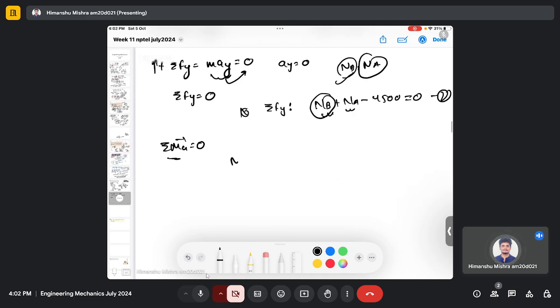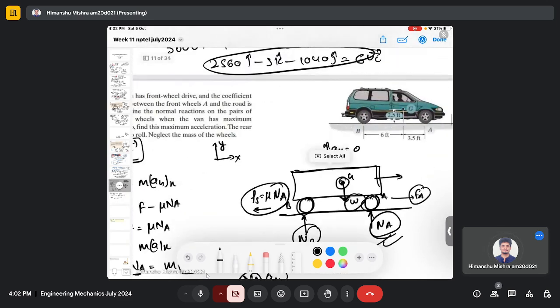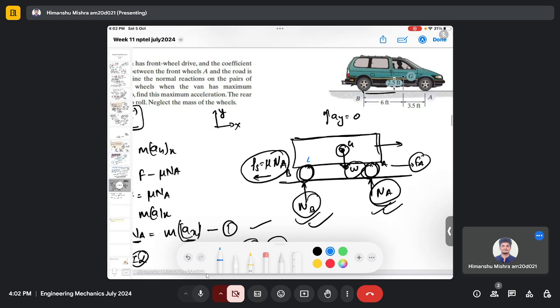So it will be Na times 3.5 plus 0.8 Na times 2.5. So this is due to the force, and Nb multiplied by 6. This is 6 feet, this is 3.5 feet.